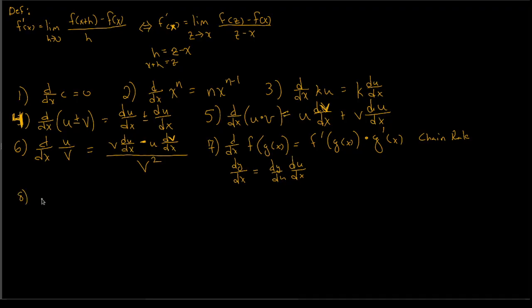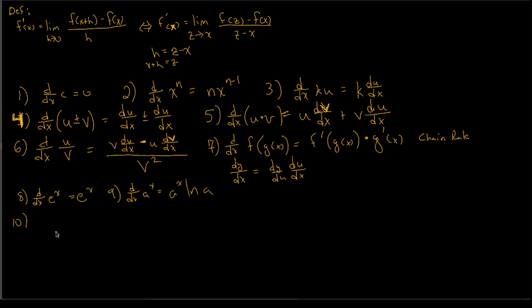And our first memorization for us, we remembered that the derivative of e to the x was e to the x, and the derivative of a to the x was a to the x times the natural log of a.